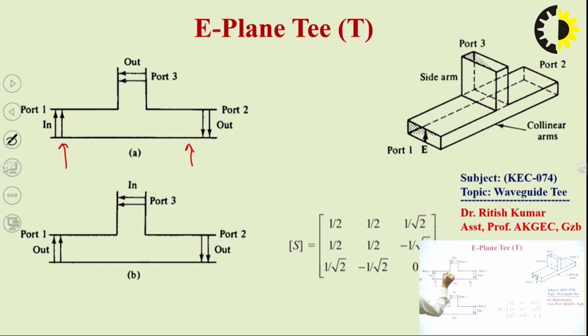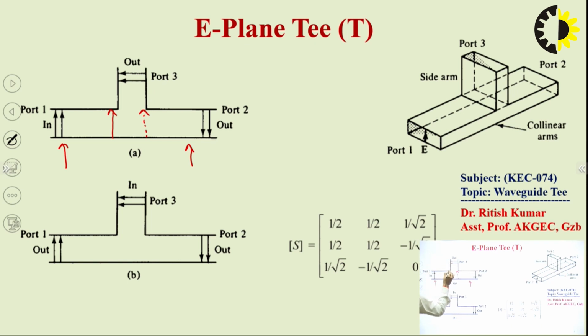So at the junction point we will have the electric field in this arm in this position, and for this arm we will have the electric field direction in this position. So always the boundary condition cannot be changed.